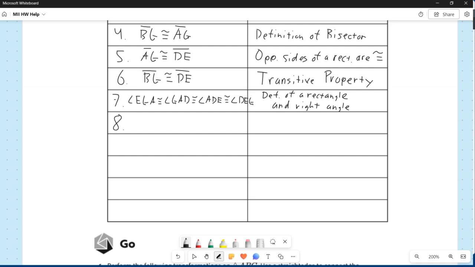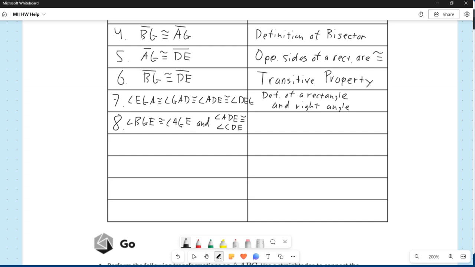So we're going to say that angle BGE is congruent to angle AGE and angle ADE is congruent to angle CDE, which Olivia already talked about.